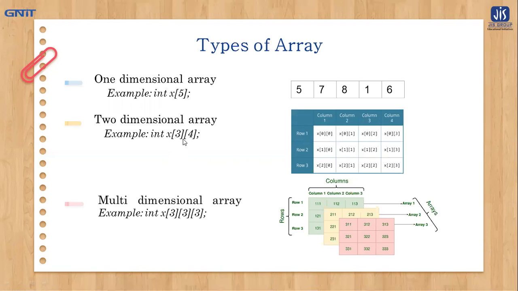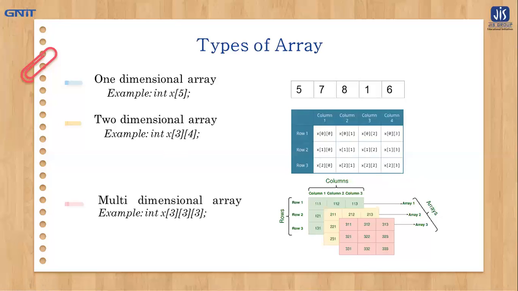So 0 to 2 is 3. Similarly for the column, it is from 0 to 3, as it is 4, if we choose the lower bound as 0 for both row and column.